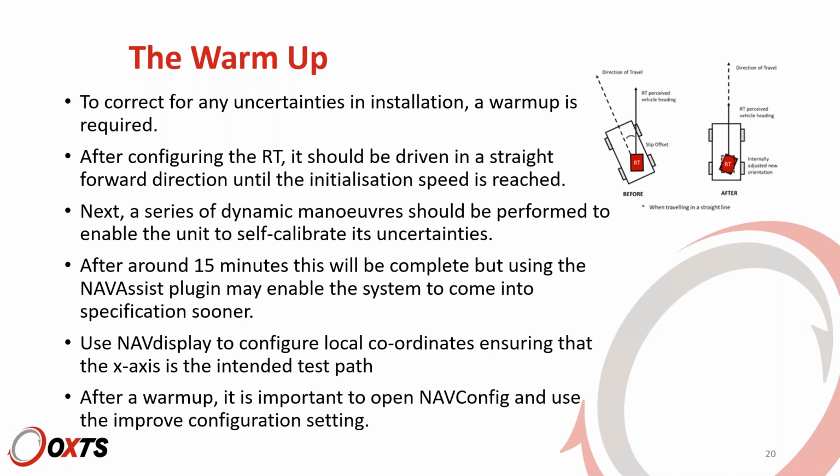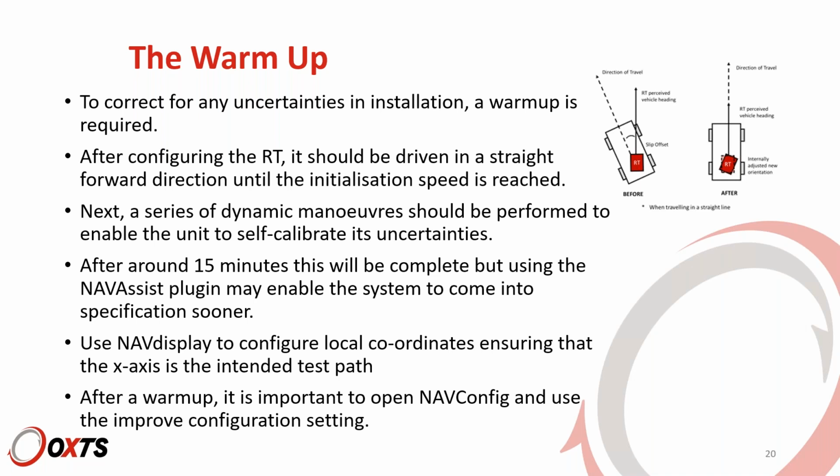It could be pointing in any direction. So it works this out by you driving forwards, and as you cross a certain speed threshold that's defined in the configuration, usually say 2, 5, 10 meters per second, the direction you're heading as you cross that speed is then defined as the forward direction.